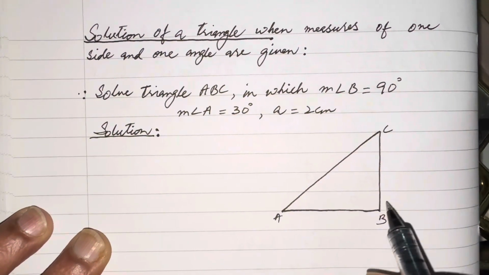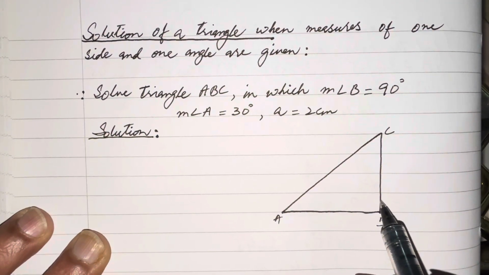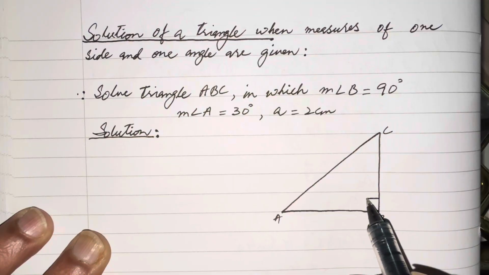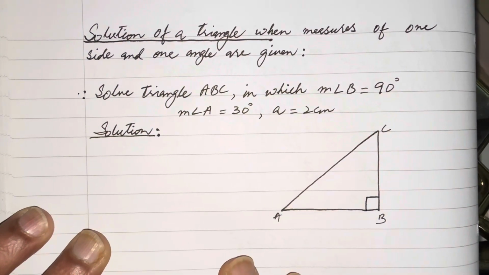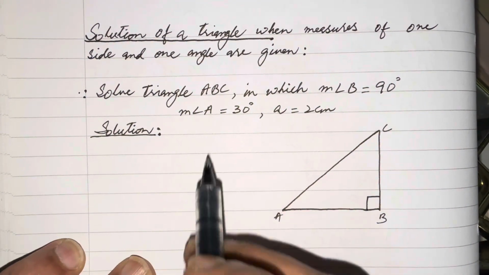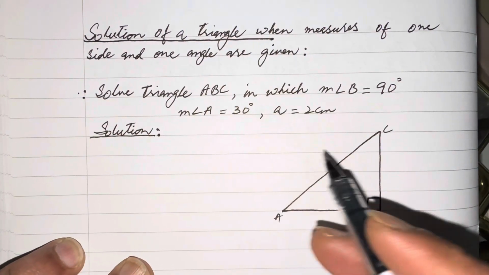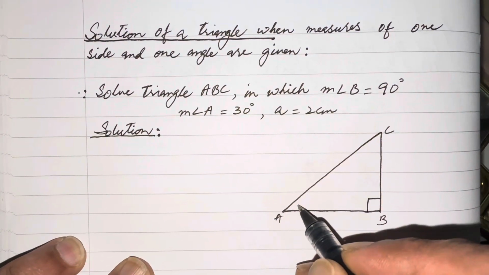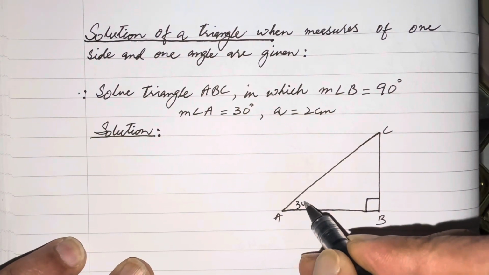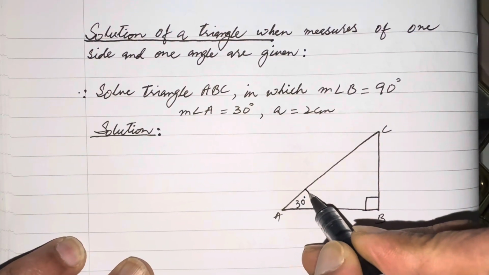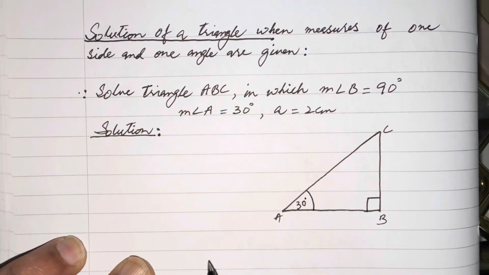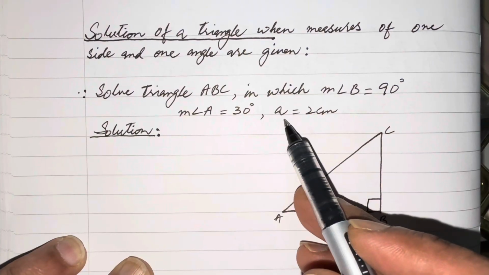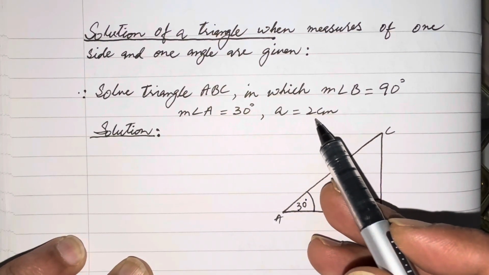This angle is 90 degrees, and the measure of angle A is given as 30 degrees. This one is point A. And small a is equal to 2 centimeters.